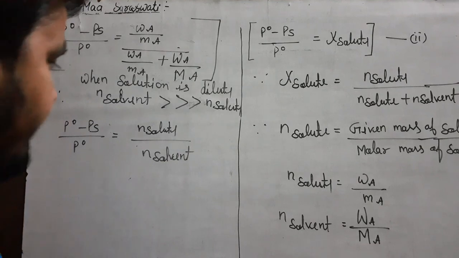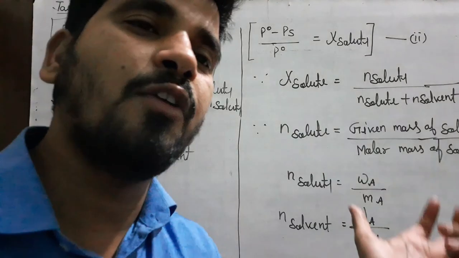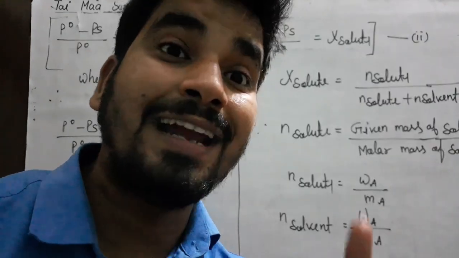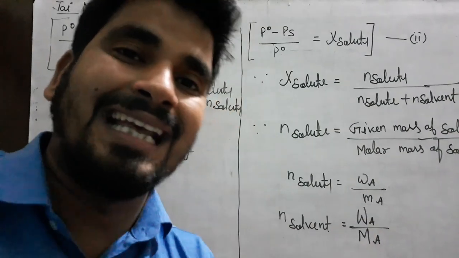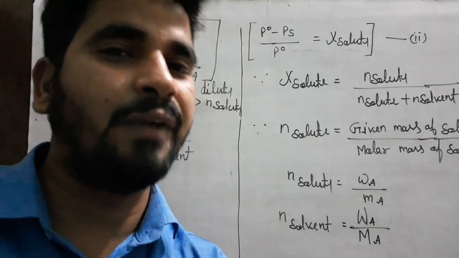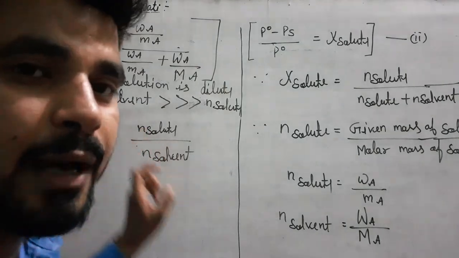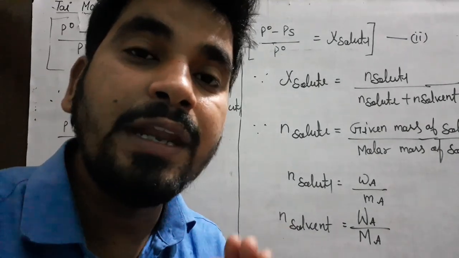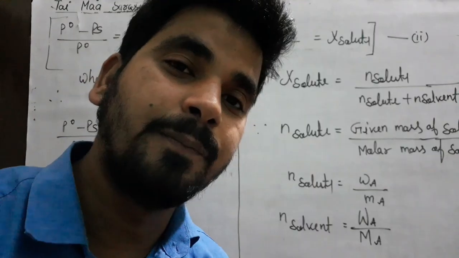Why am I removing n solute from the denominator? Because in a dilute solution, for example ppm, parts per million, or parts per billion, the solute is quite small, so you can take the whole as solvent. Now why am I not removing the n solute in the numerator?